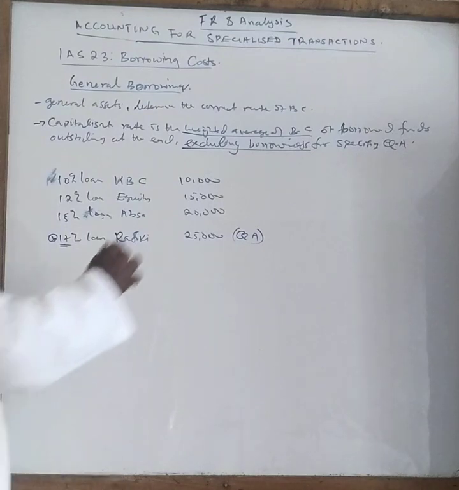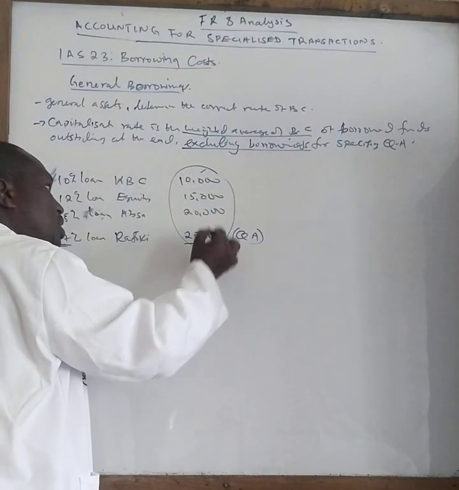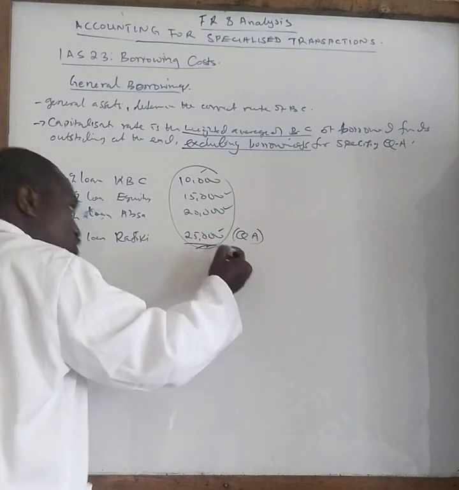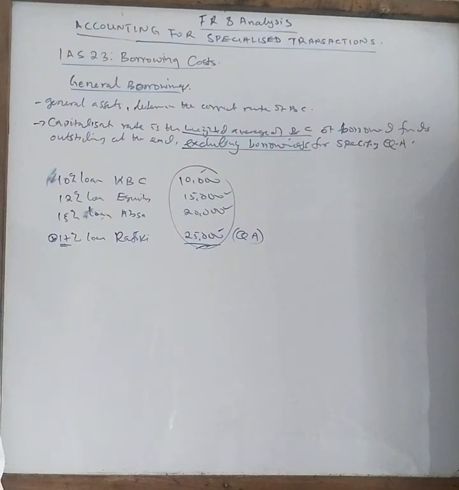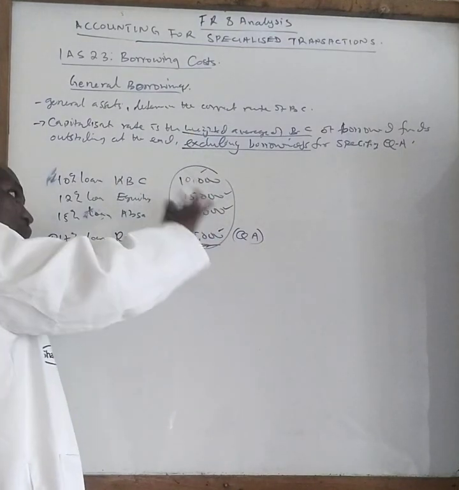Weighted average here means you add all these, then you say this over the total, this over the total, this over the total. That is what you call weights, proportions. So you add all the debts, then you get the proportion.